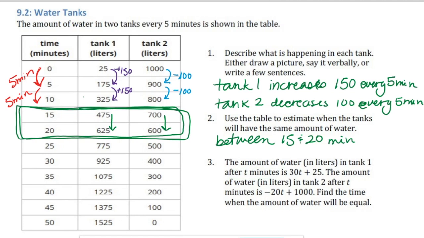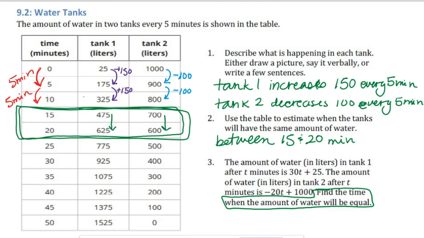Well, if we think about the question, we actually have a specific time we're trying to find. Find the time when the amount of water will be equal. So now the times we're given are in 5-minute increments. And we know that the time that the water is equal is between 15 and 20 minutes, but we need to find the actual time. So that's why we're looking for T, because we want an actual time that they have the same amount of water.